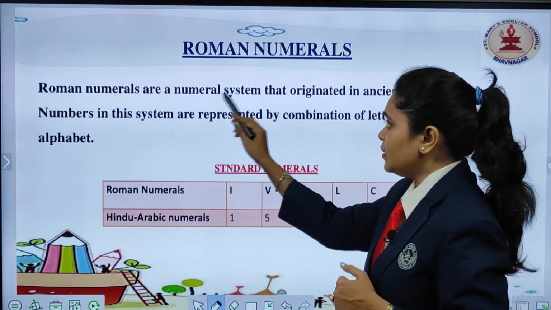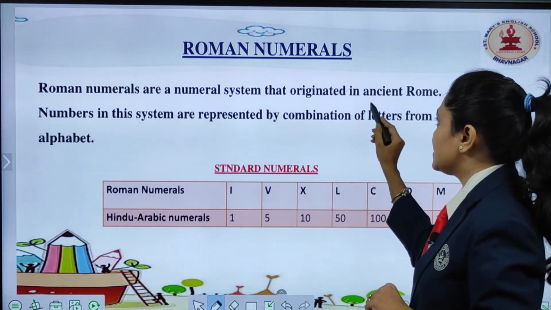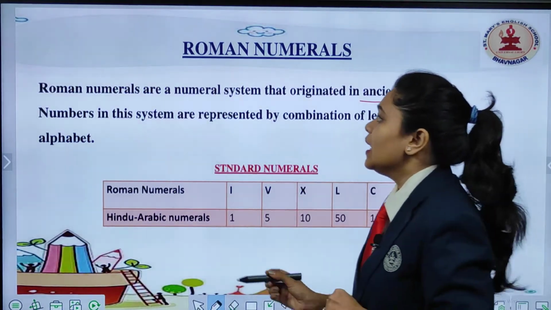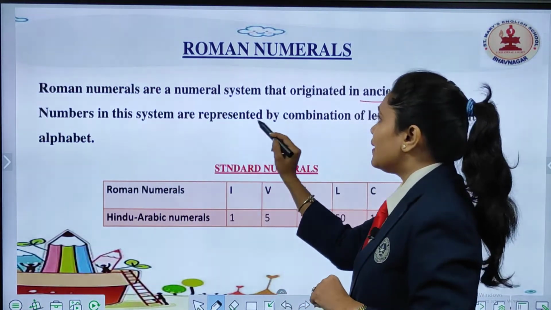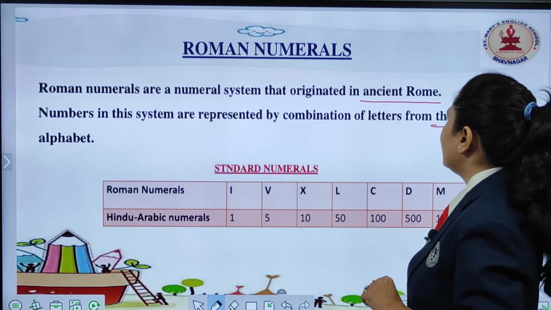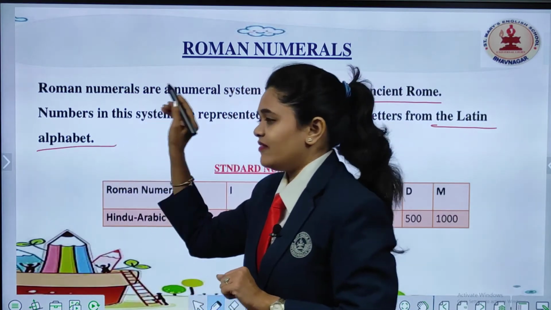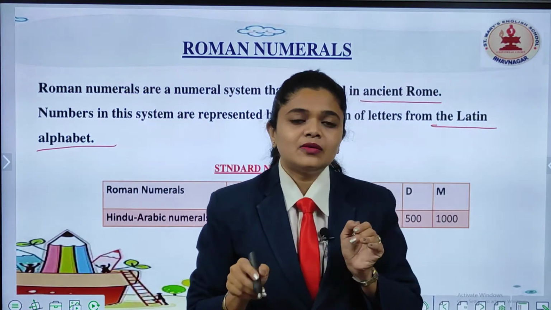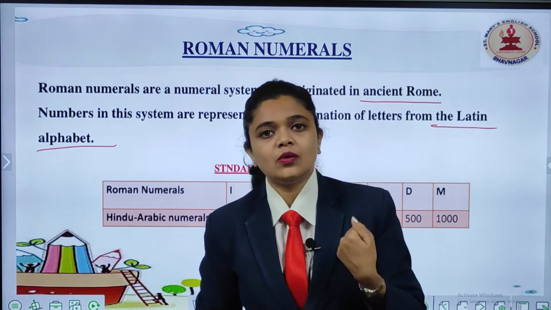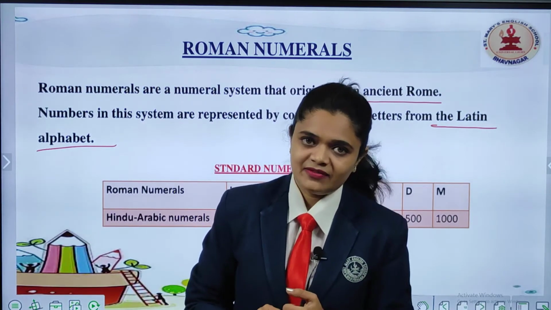Roman numerals are a numeral system that originated in ancient Rome. Numbers in this system are represented by combinations of letters from the Latin alphabet. We are going to write the numbers in the alphabet which originated from the Latin alphabet.